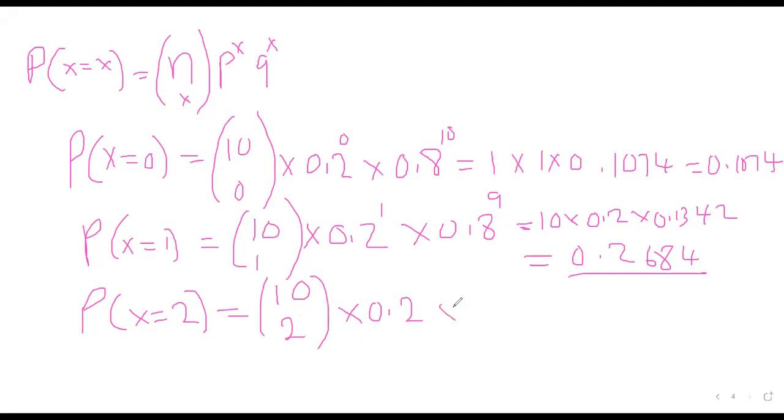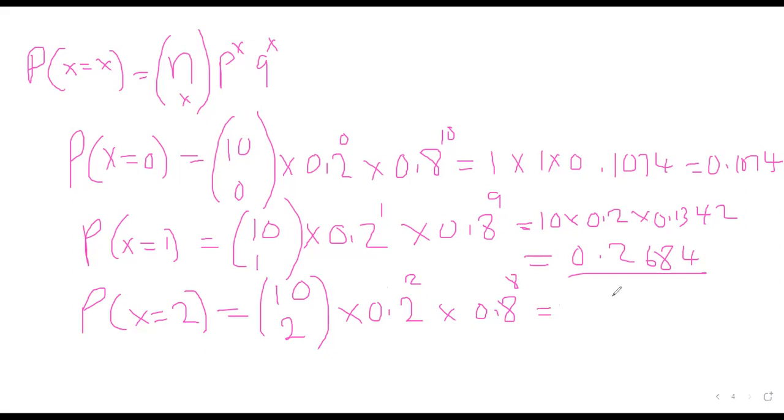And here, 0.8. So this 2 comes here. We have a 2 there. Then what comes on top here? The difference. 10 minus 2, which is 8.